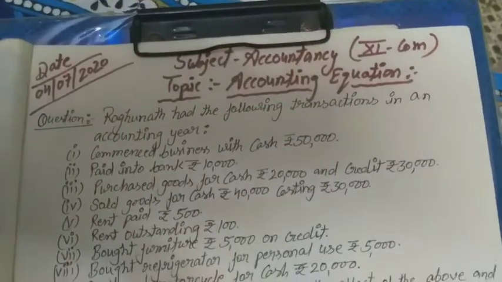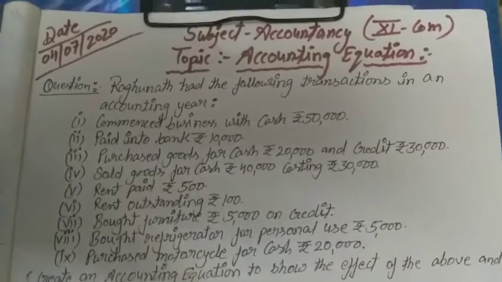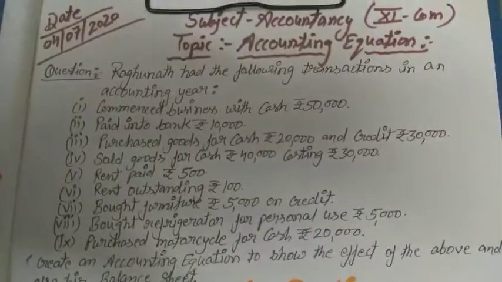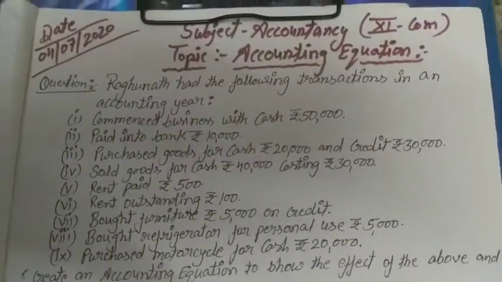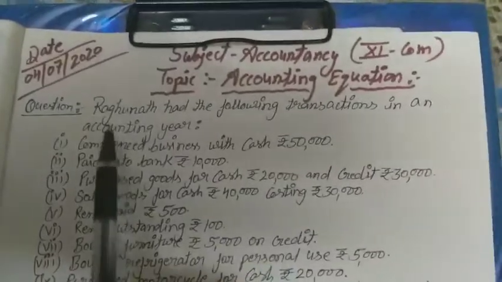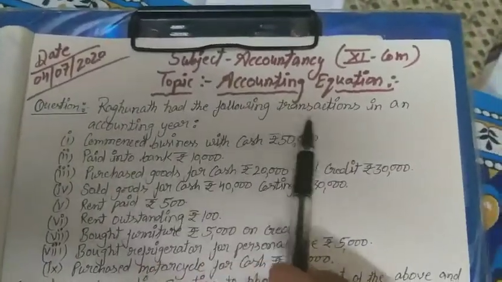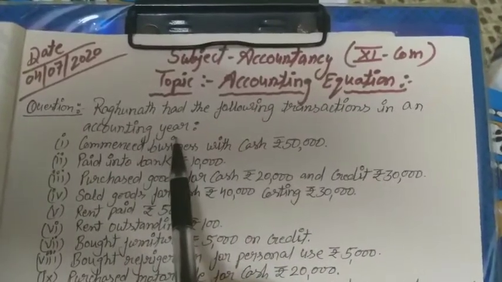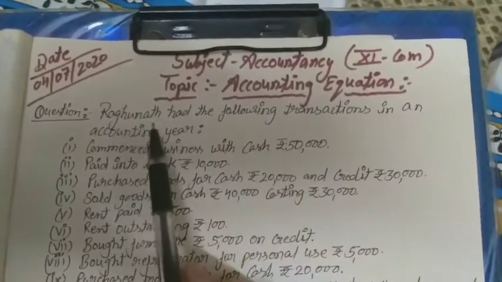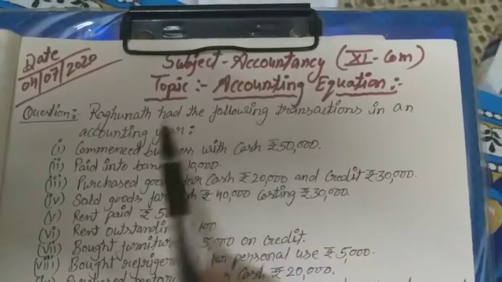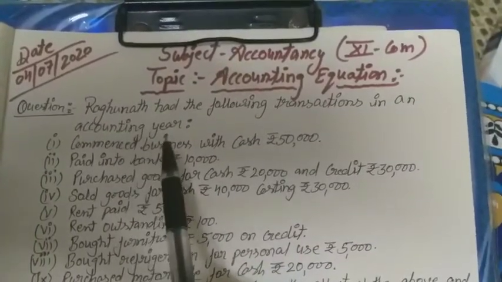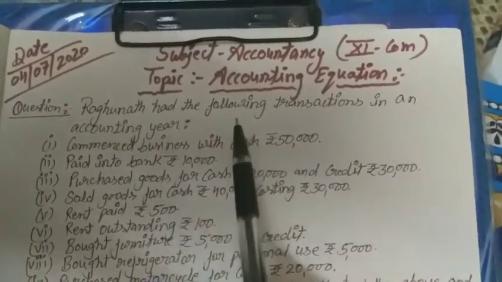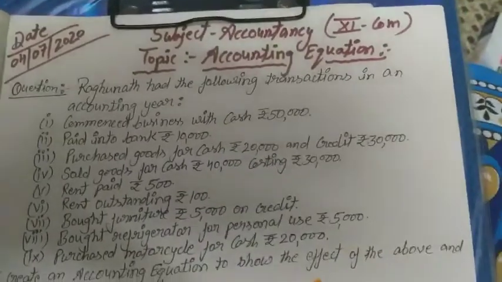Students, related to the balance sheet, I have a question which I am going to solve. The question says: Raghunath had the following transactions in an accounting year. What are the transactions?